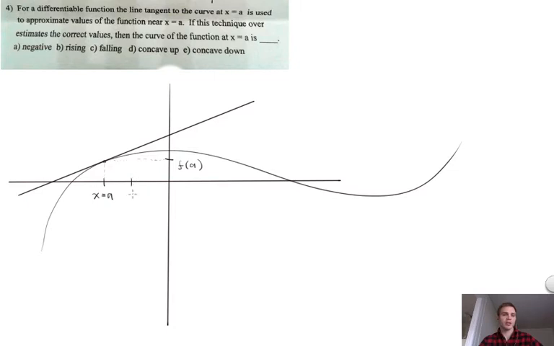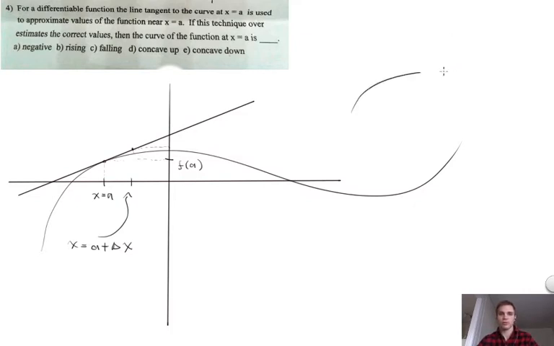So let's say that this value here is x equals a plus delta x. We are going to go up to this line, and this is going to be our approximation for f of a plus delta x. But this little distance here, let's blow it up.